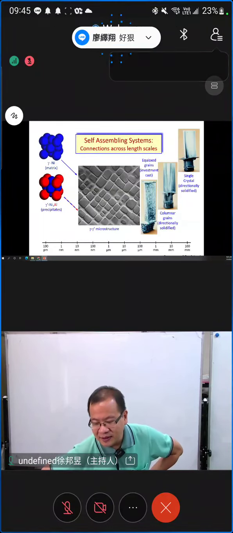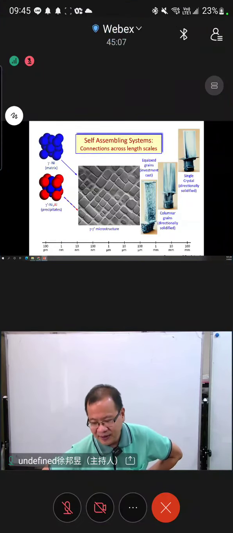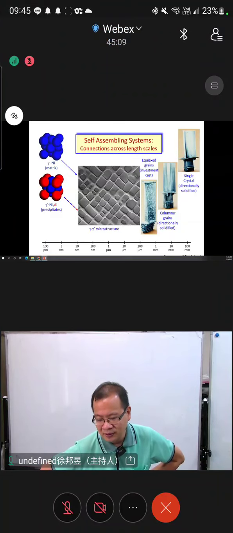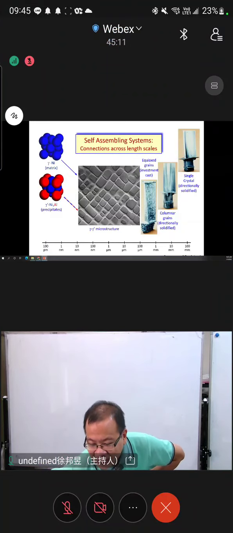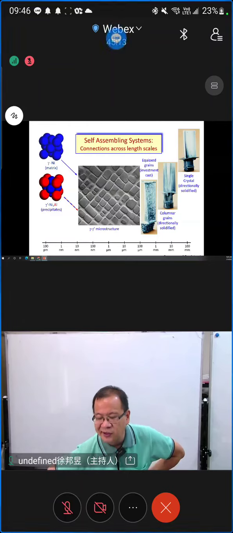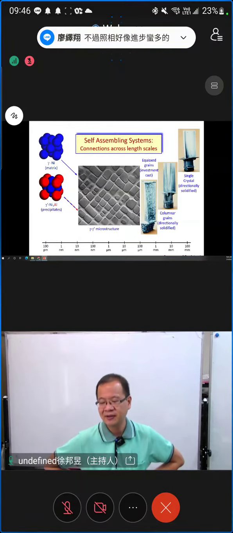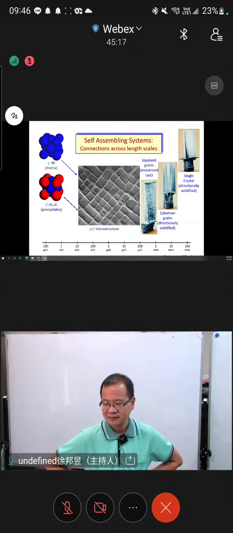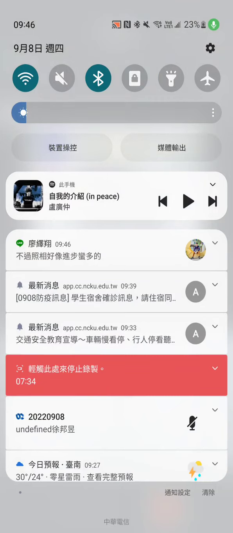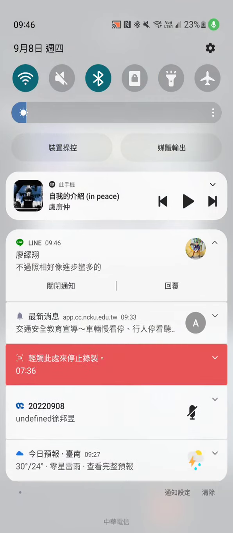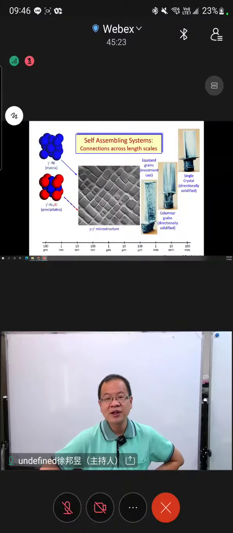For this example, this is gamma phase nickel with a gamma prime nickel aluminum alloy grown on the top. So that's a different crystal structure, and you can see some rectangular shapes grown on the surface.